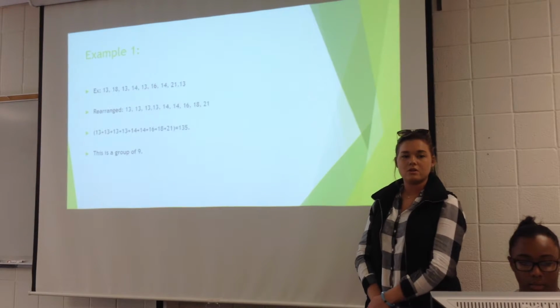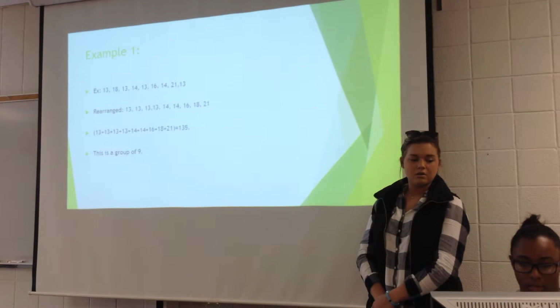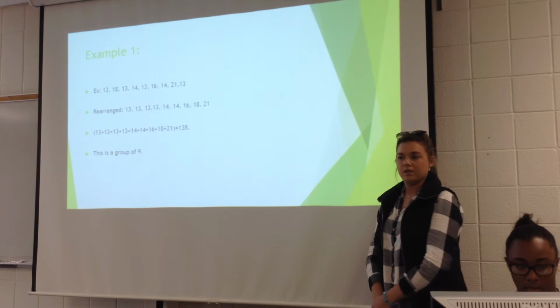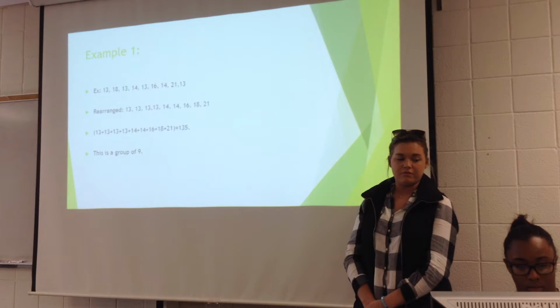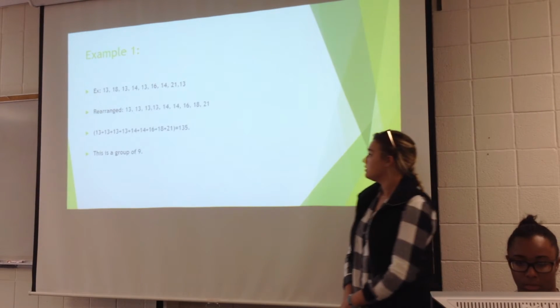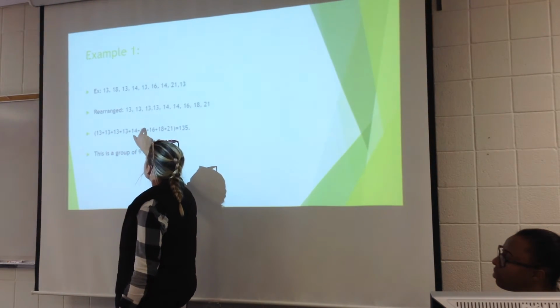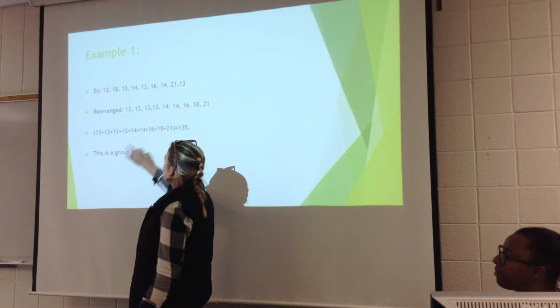Rearrange those, and you'll get 13 plus 13 plus 13 plus 13 plus 14 plus 14 plus 16 plus 18 plus 21, and that equals 135. This is also a group of 9. So we count 1, 2, 3, 4, 5, 6, 7, 8, 9. So there's a group of 9.